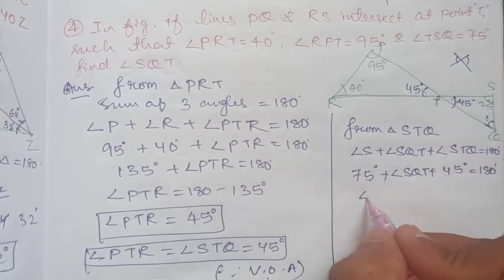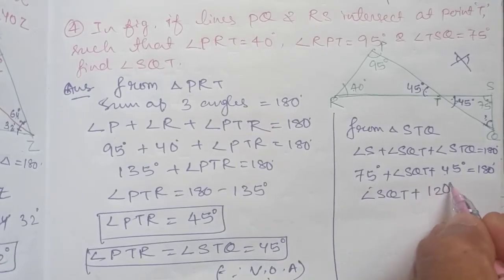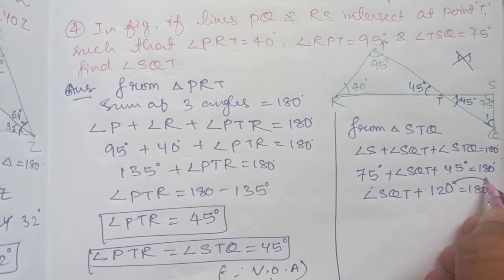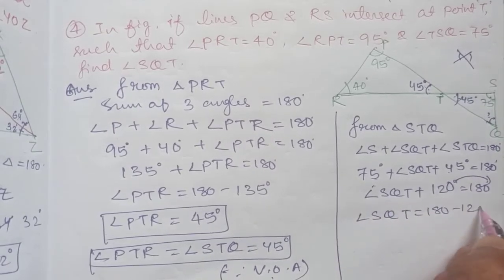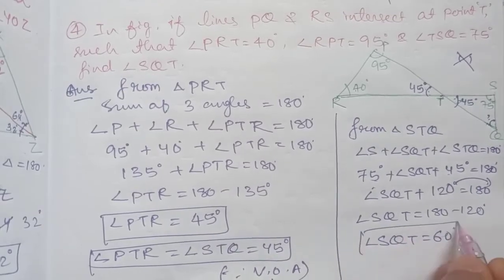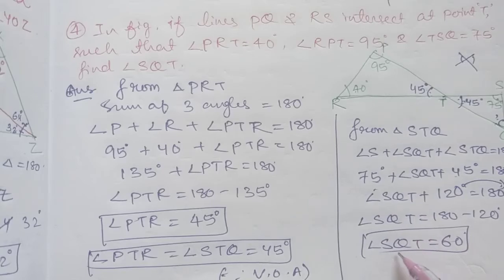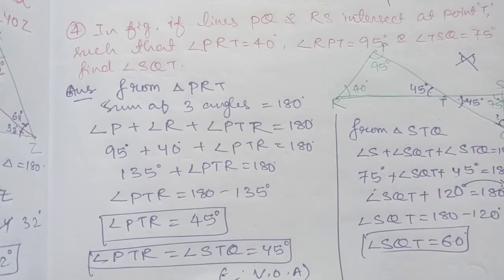Add these two: angle SQT plus 120 degrees equals 180. Shift 120 to this side, angle SQT equals 180 minus 120. Angle SQT equals 60 degrees. In this way we can easily get the value of angle SQT by taking the sum of three angles of a triangle. Okay, next.